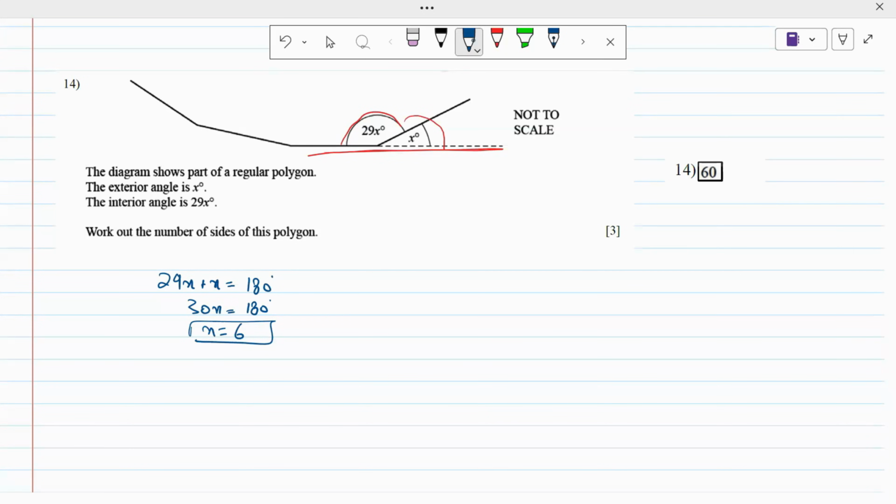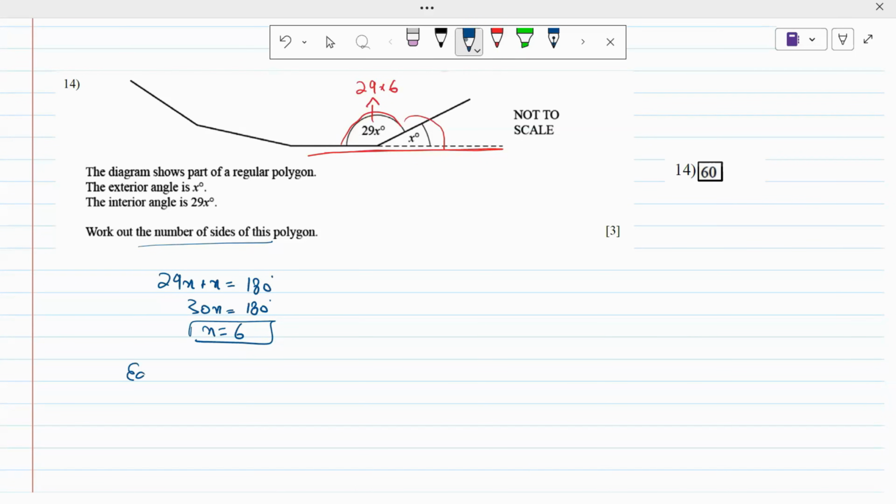But we are supposed to find the number of sides of this polygon. So to find the number of sides, this interior angle, which was 29 times x, would eventually become 29 times 6.